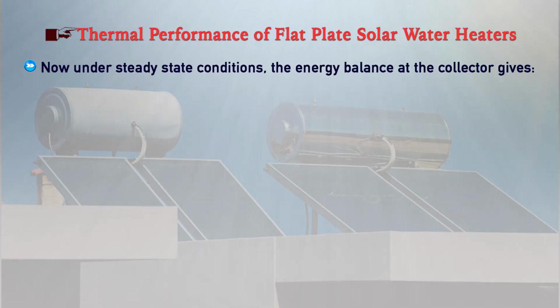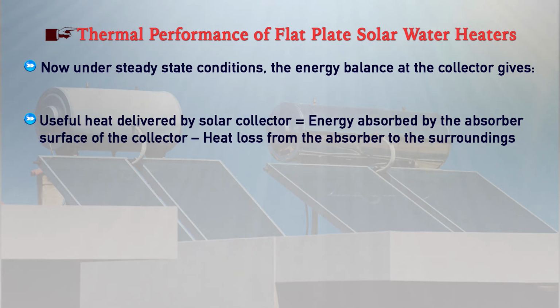Now under steady state condition, the energy balance at the collector gives: useful heat developed by the solar collector is equal to energy absorbed by the absorber surface of the collector minus heat loss from the absorber to the surroundings.